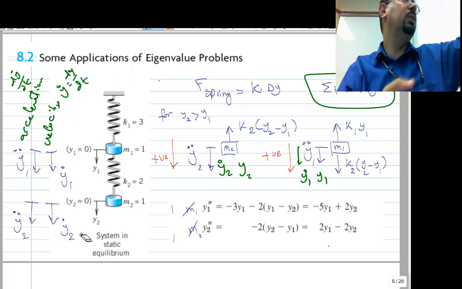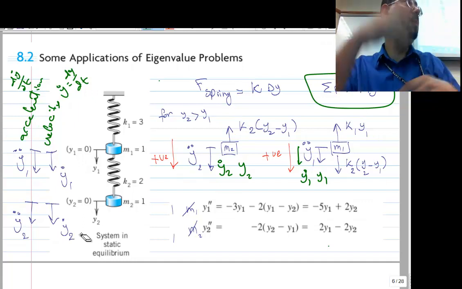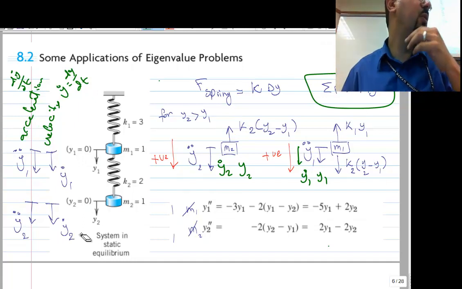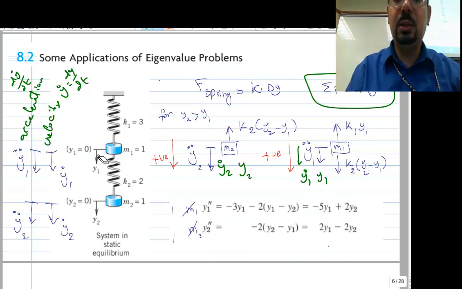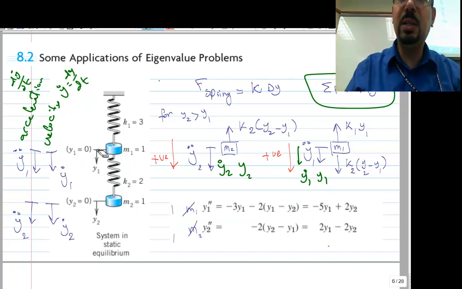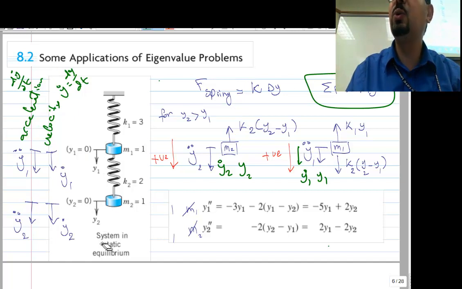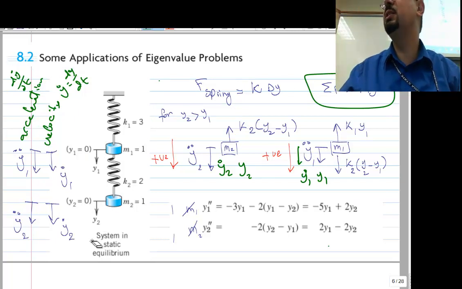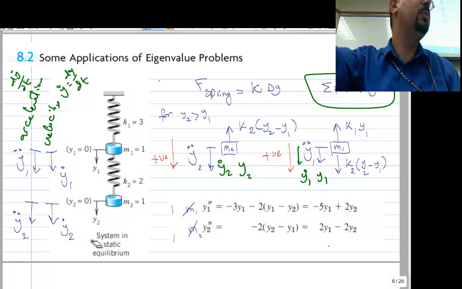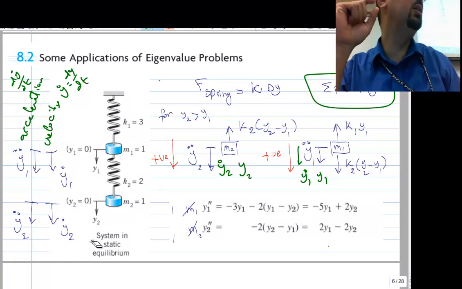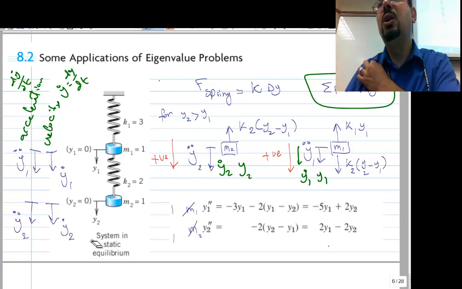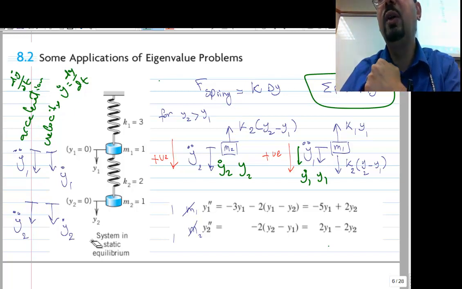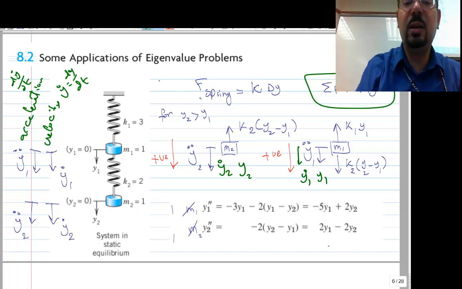It still will vibrate, but depending on the different initial displacement, the motion will be different, right? But you just assume that y1 is in this direction and y2 in that direction. And if initially it's -3, that's fine. You put it in the system as at t equals 0, y1 was -3. Alright? So you'll also have to assume which one is bigger.